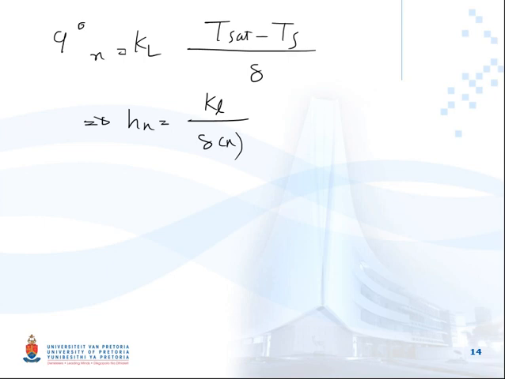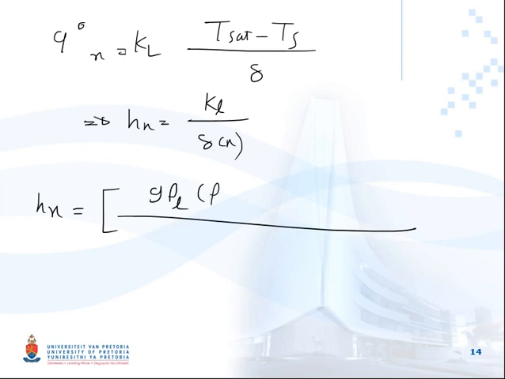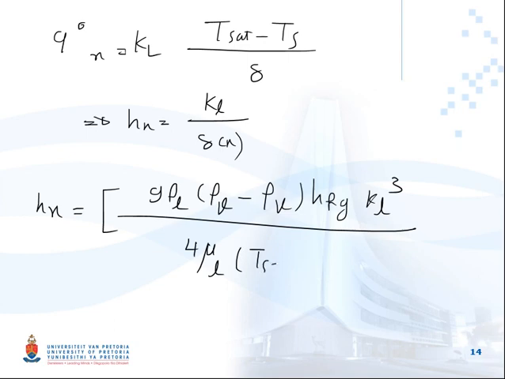If we apply that one, h x is equal to rho L minus rho V h_fg k_L cubed over 4 mu L T sat minus T_s times x, to the power of 1/4.